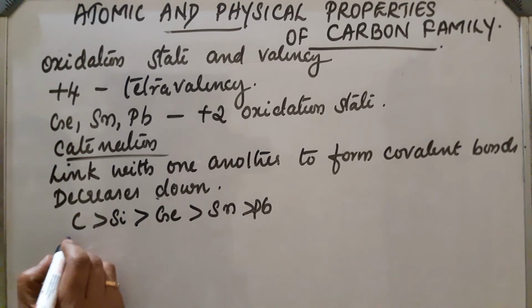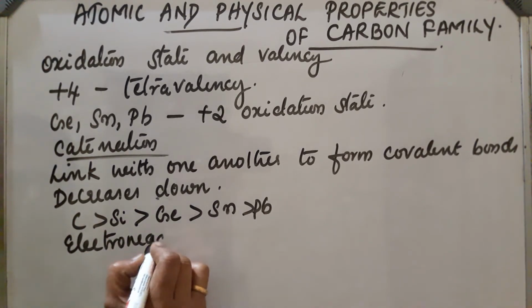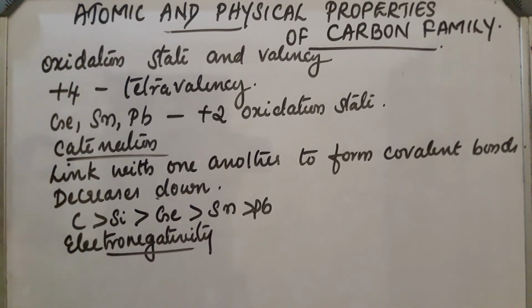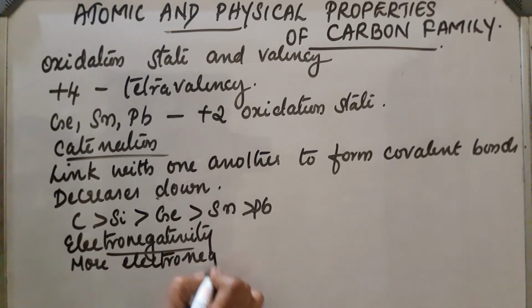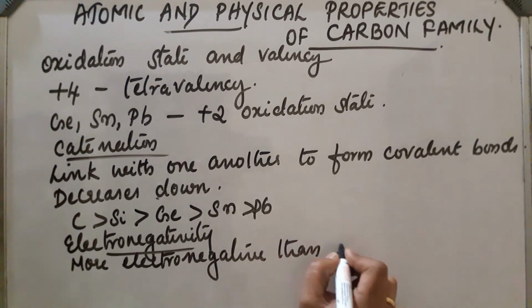Next is electronegativity. Compared to boron family, they are more electronegative.